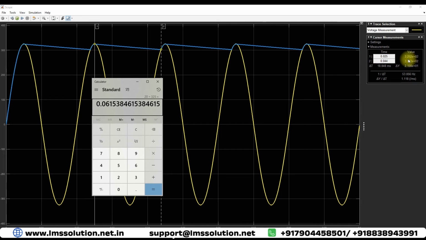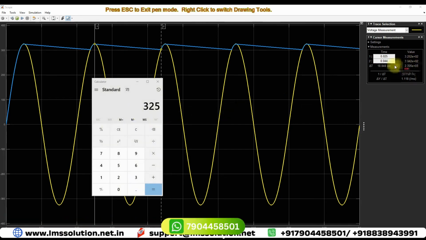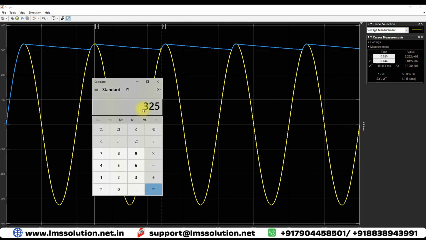Here you can see 325, that means the first line peak voltage is 325.2, and this one is 304.5. So here I'm going to consider 325.2 minus 304.2.